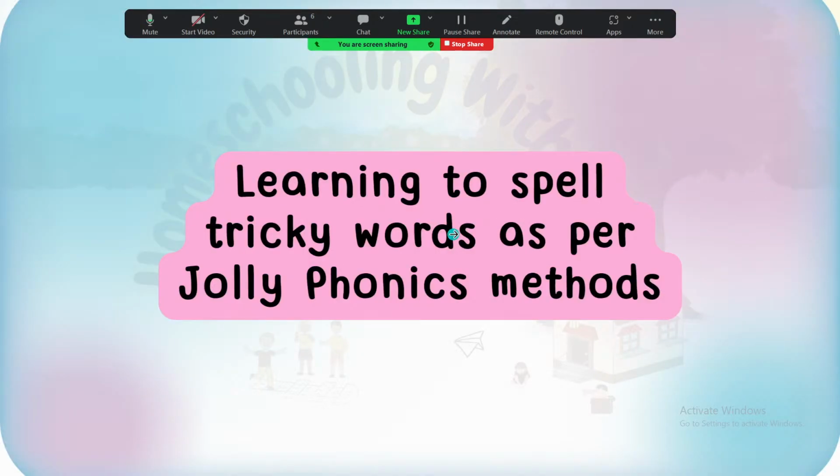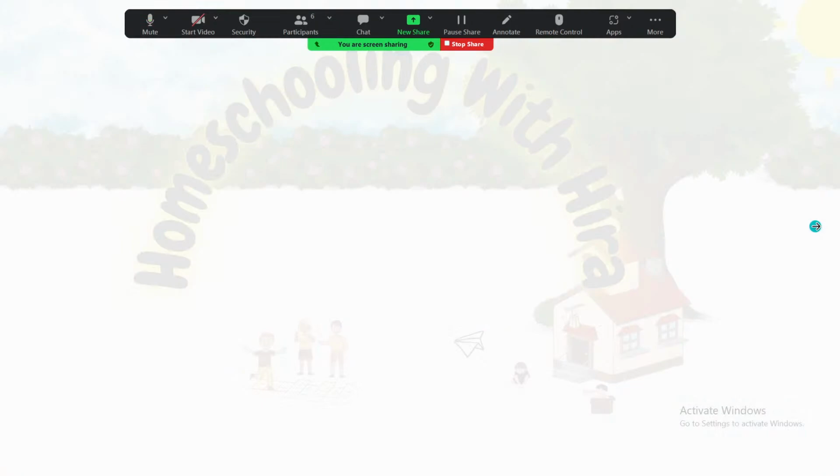Now, the first thing, learning to spell tricky words as per the Jolly Phonics method. Because Jolly Phonics is a complete curriculum, they have given us some proper ways to learn the tricky words. And here we are with this.